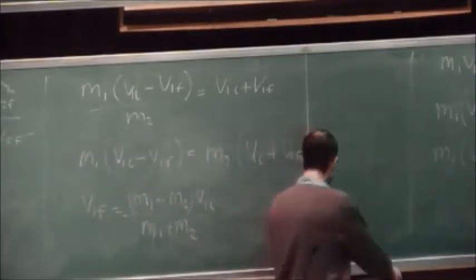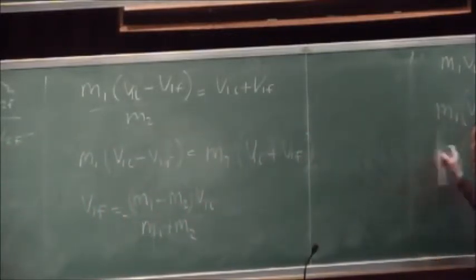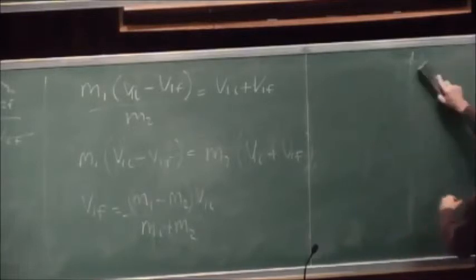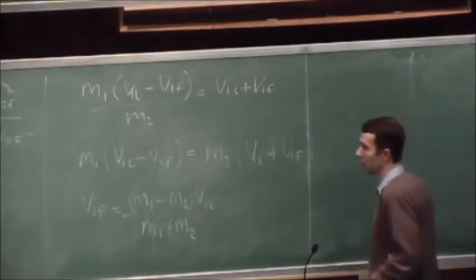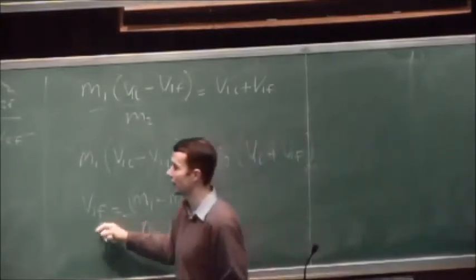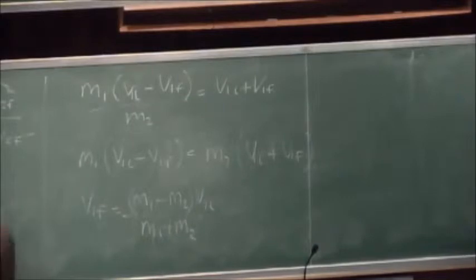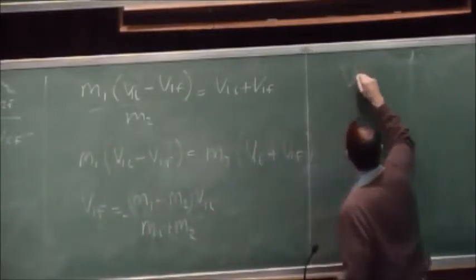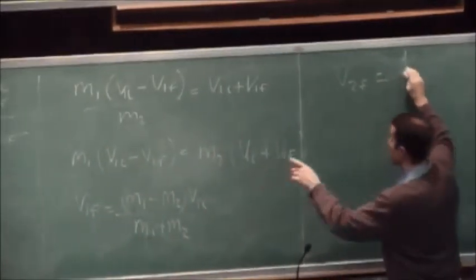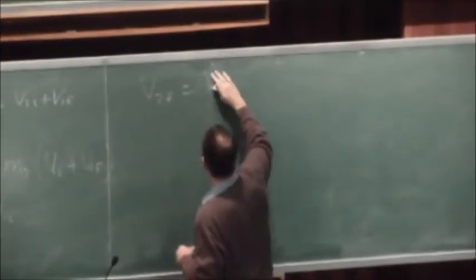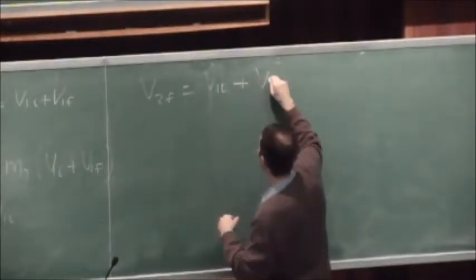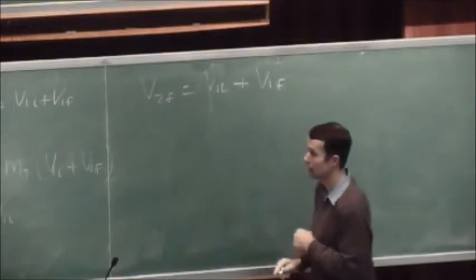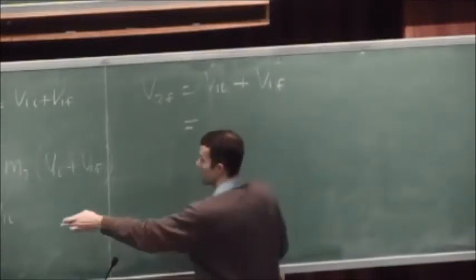Now, if I take V1 final, that means this is what V1 final is. So that means V2 final is just going to be equal to V1 initial plus V1 final. But I know what V1 final is because I just found it.